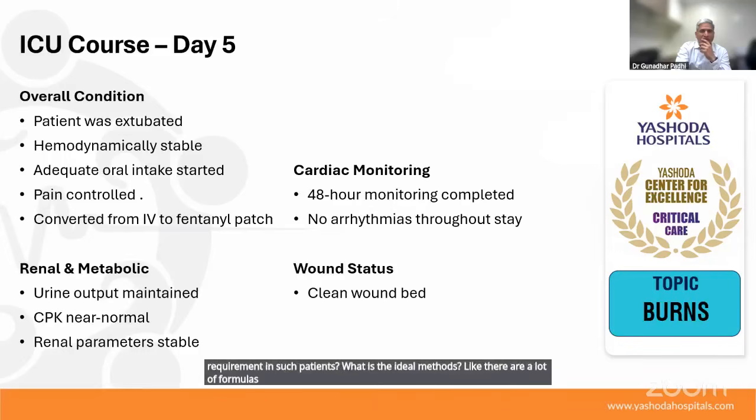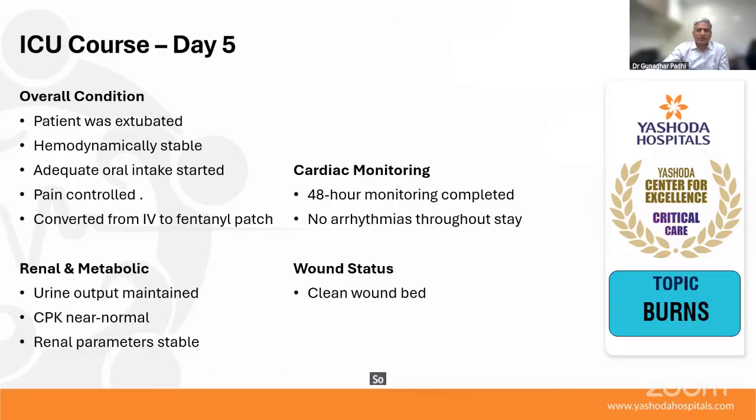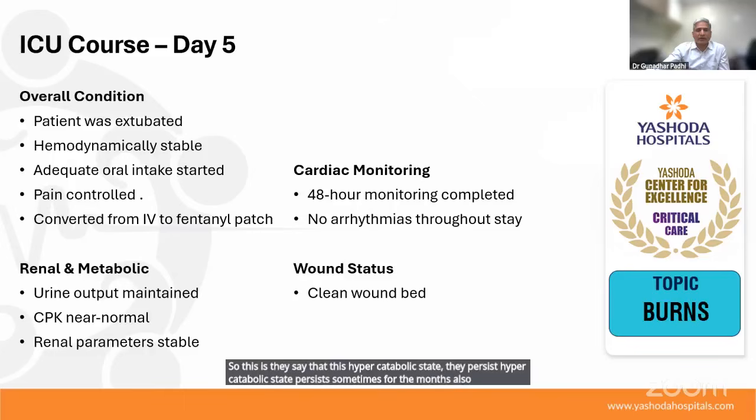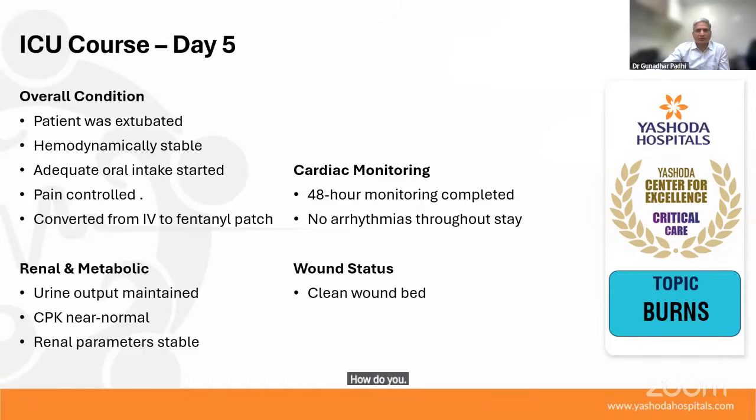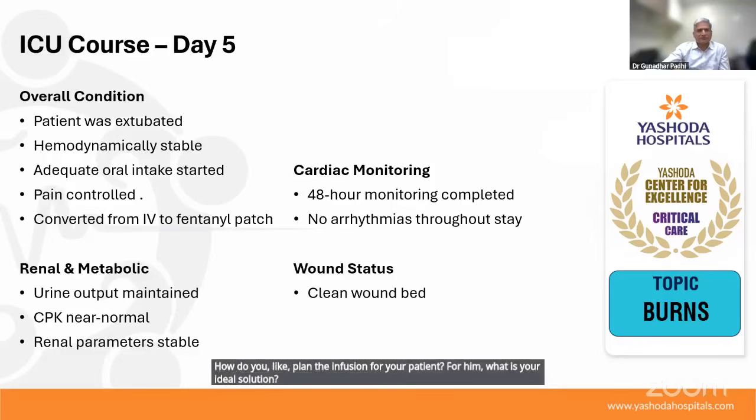The caloric goal in such patients is very important, because they are most of the time in a hypercatabolic storm, and this hypercatabolic state sometimes persists for months. That is where nutrition plays a very important role. So how do you plan the nutrition for your patient? For him, what is your ideal nutrition?